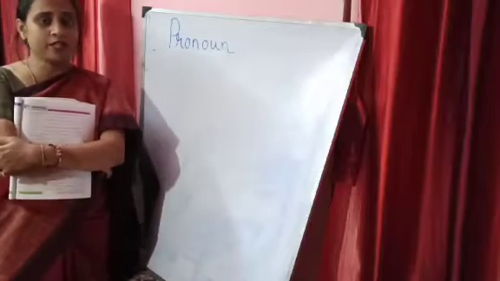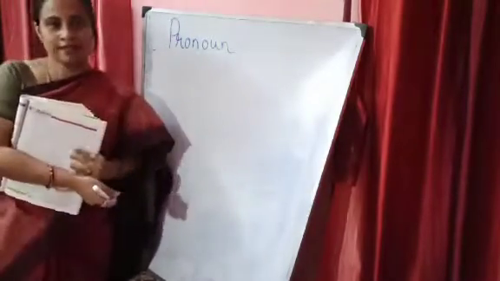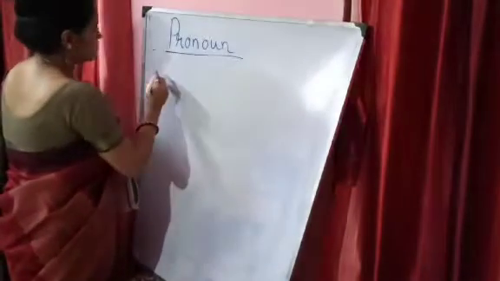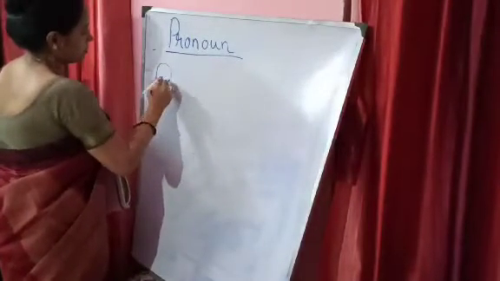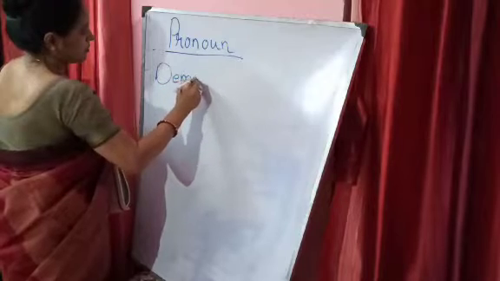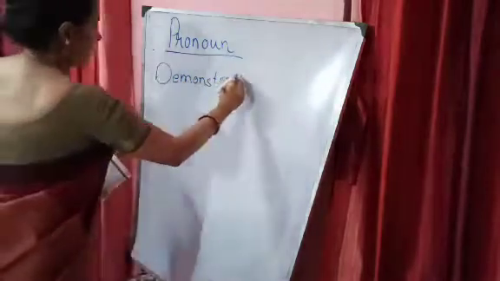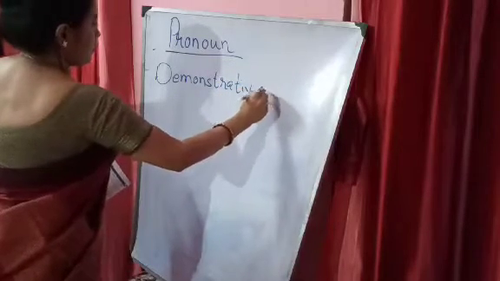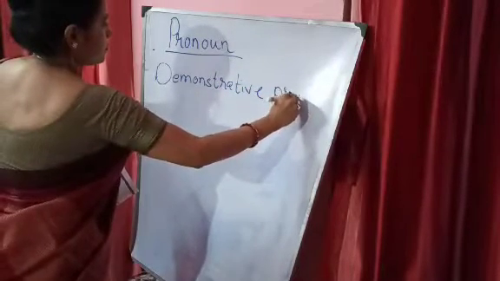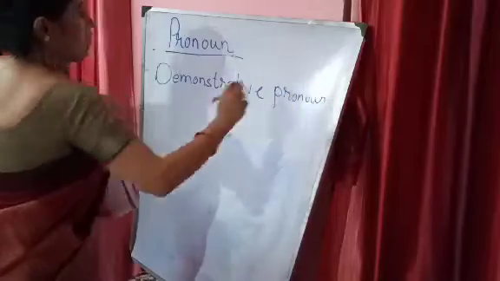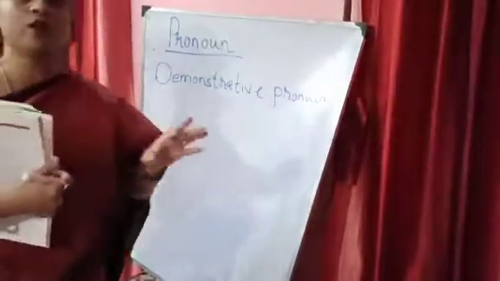And today I am going to teach the next part of the lesson, that is the demonstrative pronoun. Now see what this demonstrative pronoun is. My children, you will come across this word demonstration.